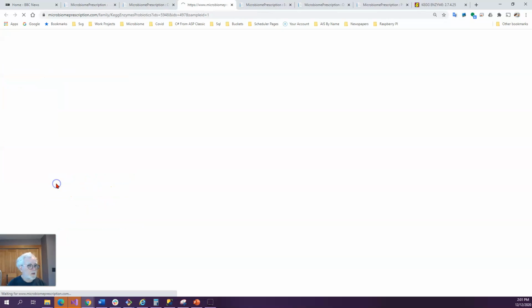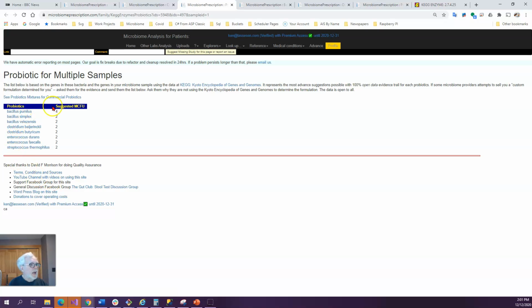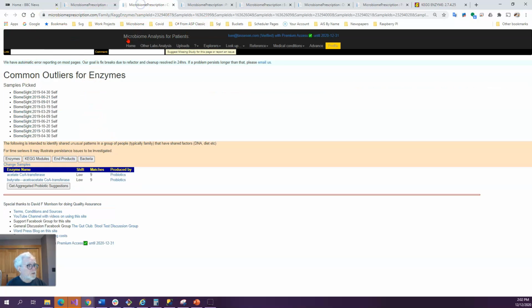So I could click here, go through, and see in particular which probiotic helps. Interesting that at least 2 of these, Enterococcus faecalis and Clostridium putrificum, are ones which I was actually regularly taking during that period of time, and they were beneficial. So that is the quick look at that particular option.